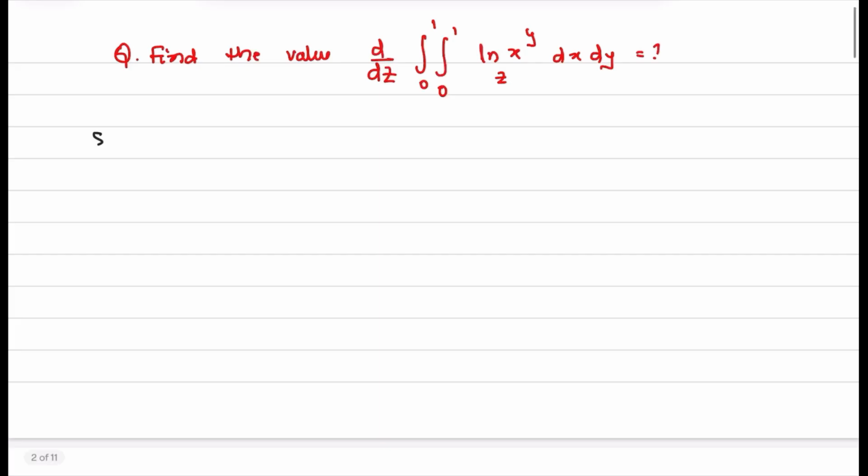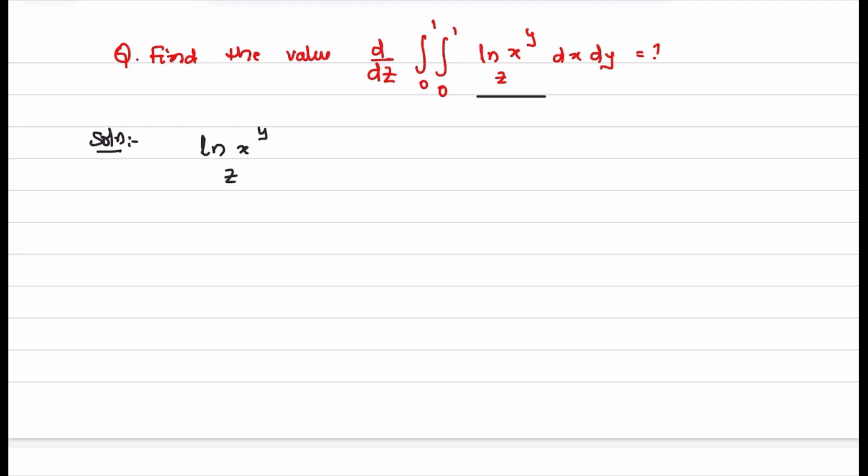Let us try to solve it. For solving this question, we are required to find out the value of ln x to the power of y to the base z.